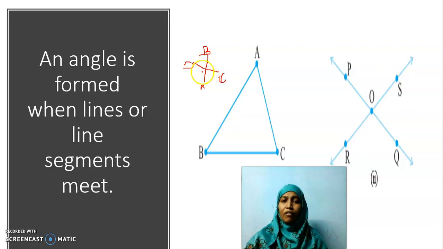See here we have two line segments intersecting at a point. Three line segments intersecting at a point. Okay. Can we have a diagram where these three line segments meet at three different points? See. 1, 2, 3. These three line segments meeting at three different points.